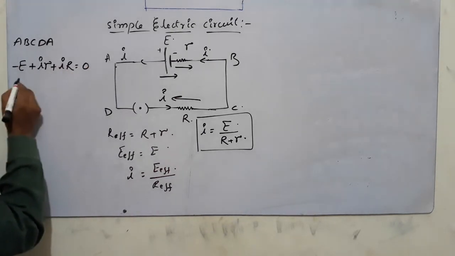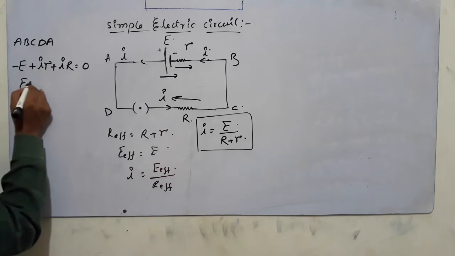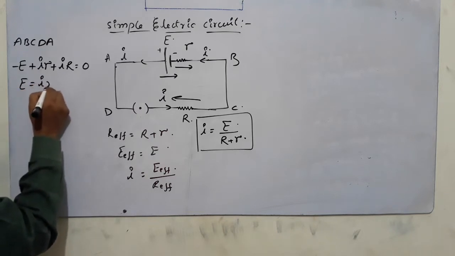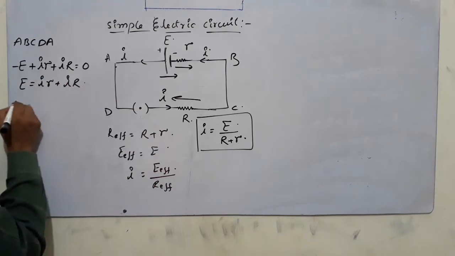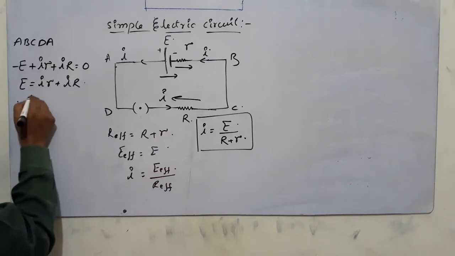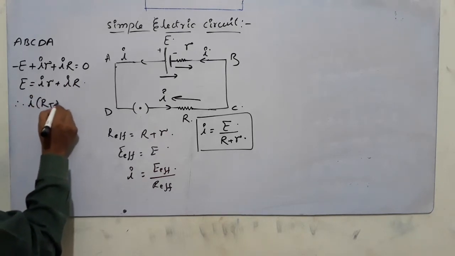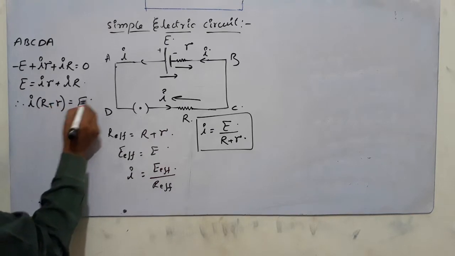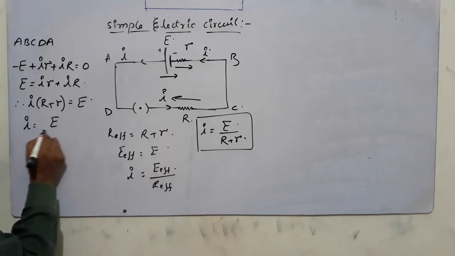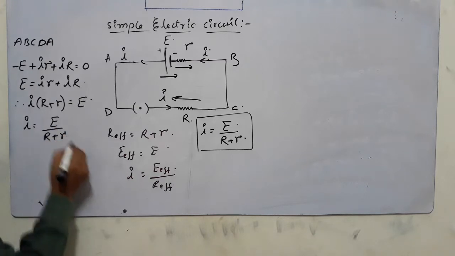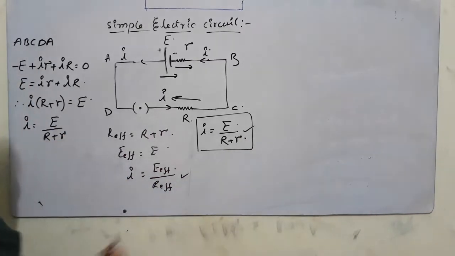From this equation you can write E is equal to Ir plus IR, therefore I into R plus r is equal to E, so that I is equal to E by R plus r. Same as which you have already done in the previous section.